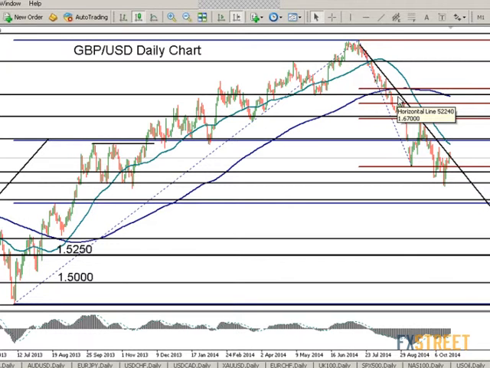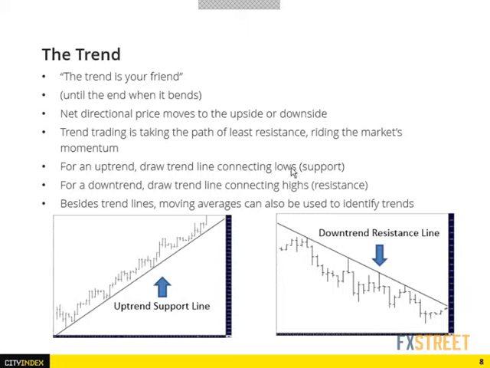One way to frame a trend is through the use of trend lines, but you could also use moving averages. You could also use Fibonacci levels, and most importantly, you could also use support and resistance levels. I'll show you that in a minute.